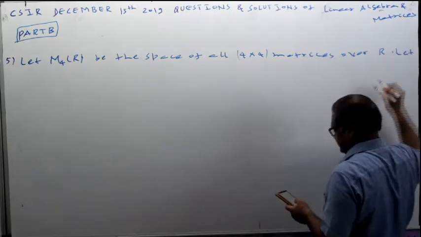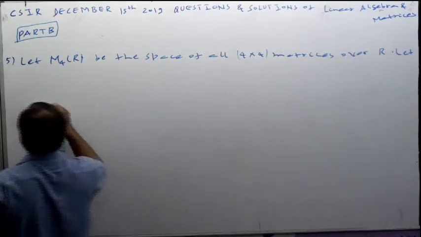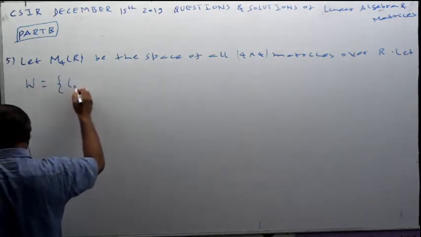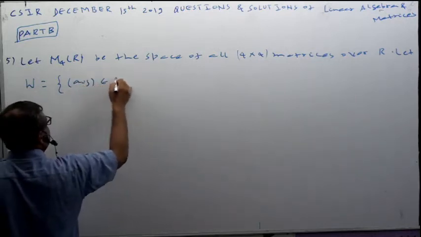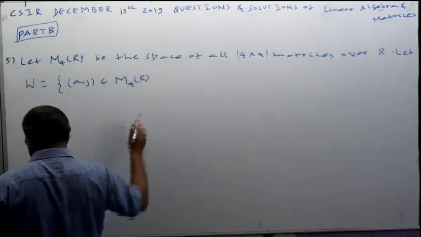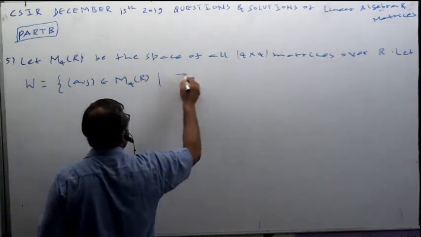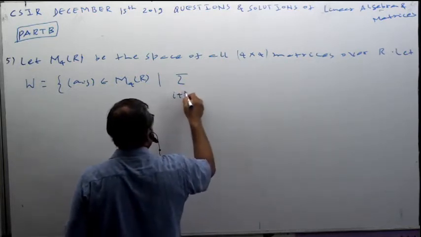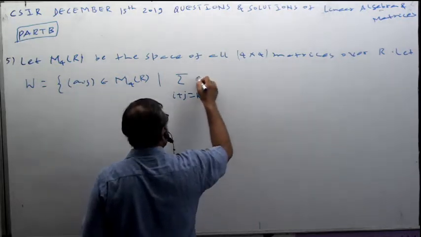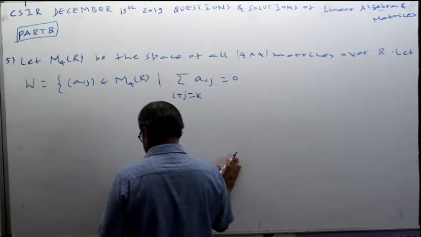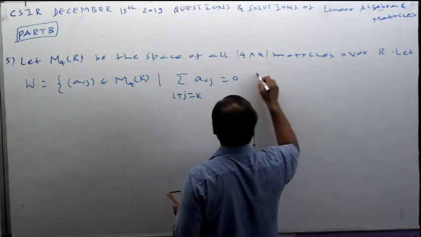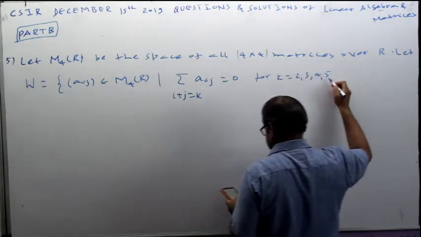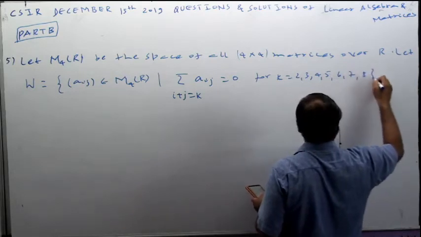Further, let capital W equals to Eij, that means it is matrix belonging to M4R such that sigma i plus j equals to k of Eij equals to 0 for k equals to 2, 3, 4, 5, 6, 7, 8.